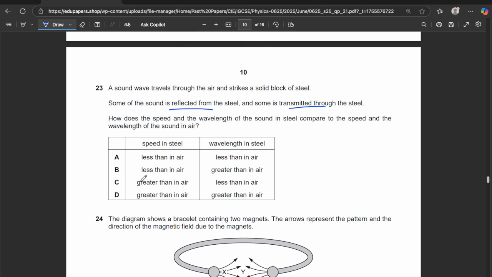So speed in steel will be greater than in air. And because frequency will be constant, if velocity is greater, then wavelength will be greater as well. D.